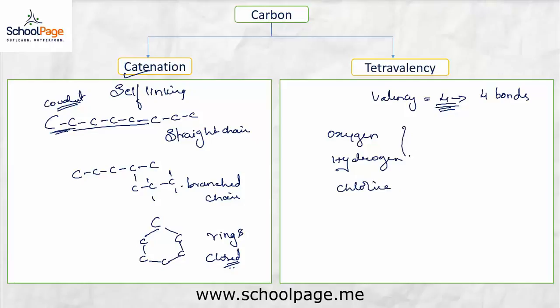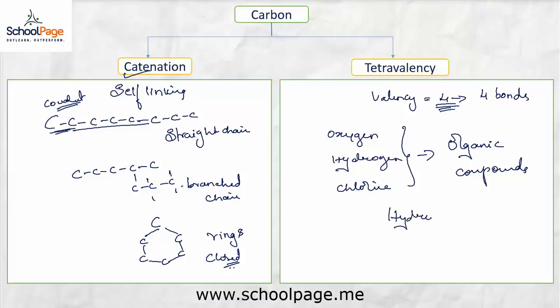Because of all this, carbon leads to the formation of organic compounds. There are different kinds of organic compounds, for example, alcohols, ketones, aldehydes, carboxylic acids, and hydrocarbons.